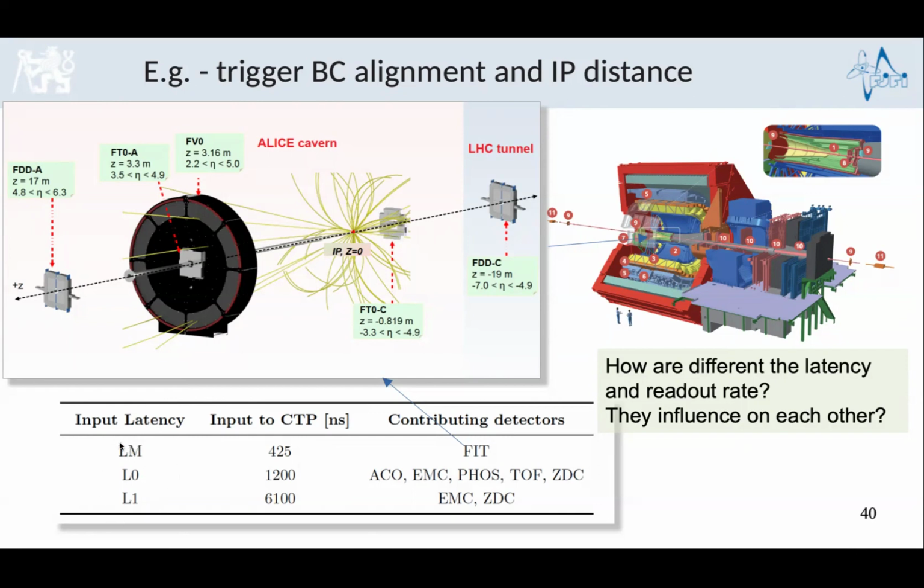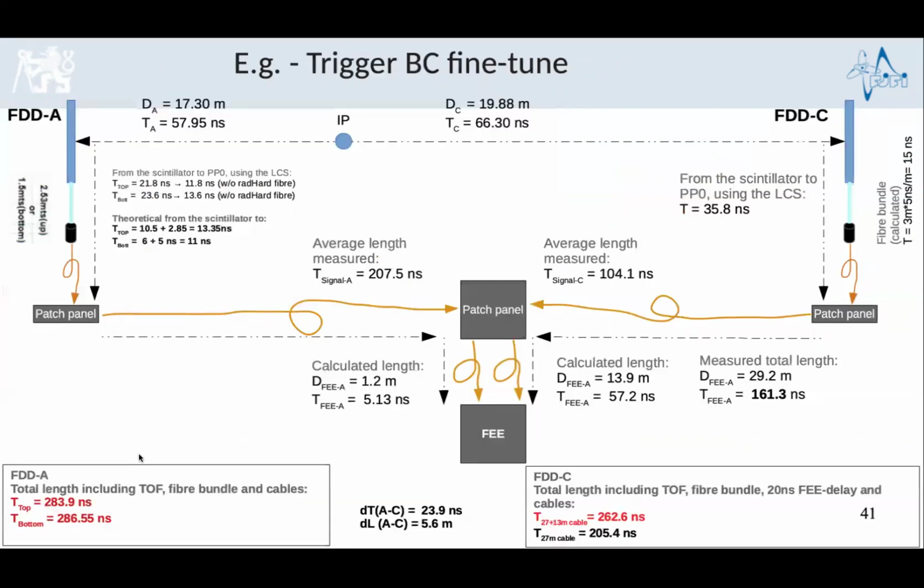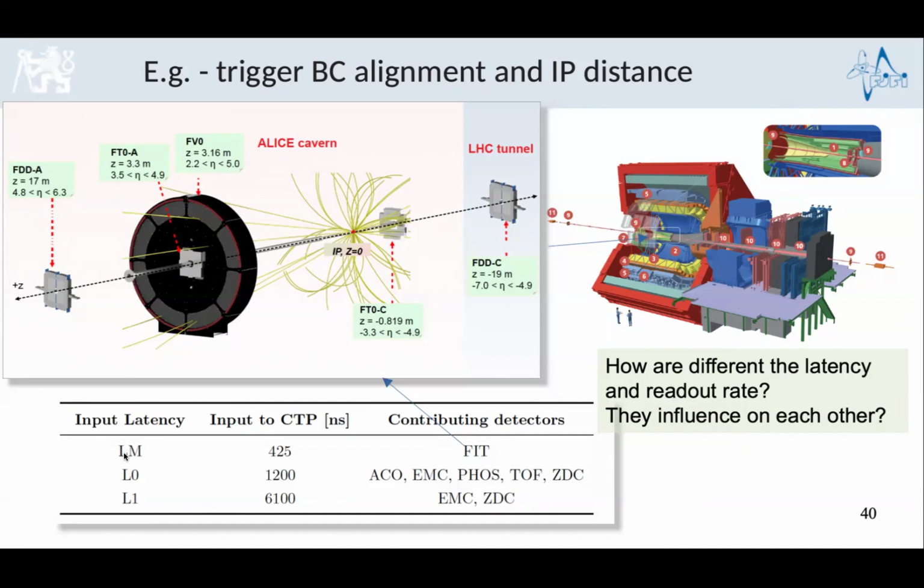So we have these three low level triggers. The first one here is the LM, which is called level minus trigger. It's a very fast trigger decision that ALICE wants to have, and then the level 0 trigger and the level 1 trigger.